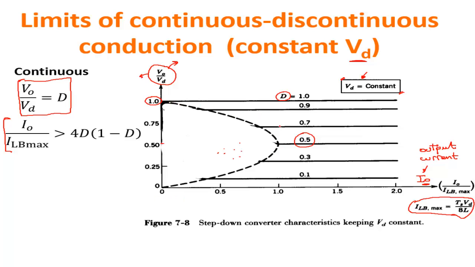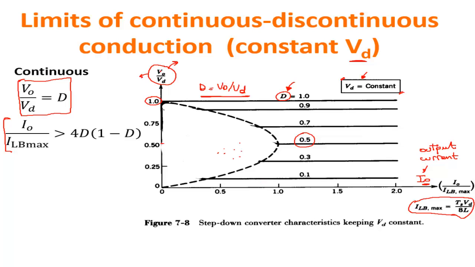It's the same thing, because in the case of continuous conduction, and therefore also in the limit of continuous conduction, we have that D is equal to V0 over Vd. So this is exactly the same parabola as before. If we use the duty cycle D as a parameter for this family of curves, for a given D you have a constant output voltage independent of the current that you want on the load.